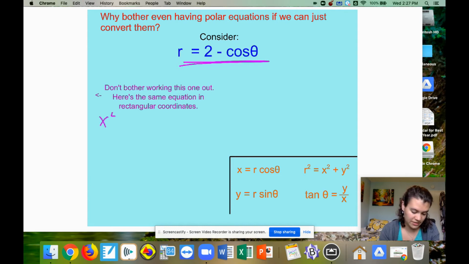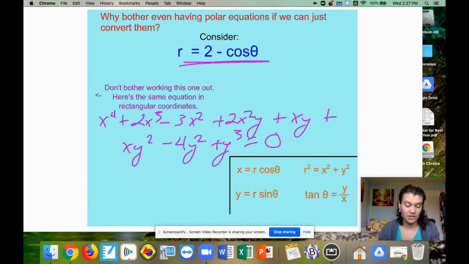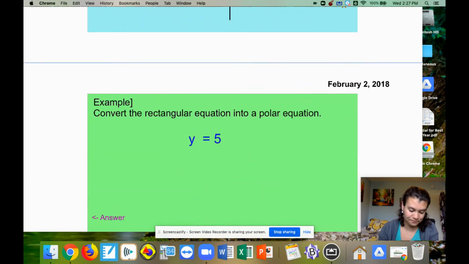So you'd get x to the 4th plus 2x cubed minus 3x squared plus 2x squared y plus xy plus x y squared minus 4y squared plus y cubed, I believe, equals 0. So super long, super complicated, not worth doing. So some equations are much easier in polar coordinates, which is why we use them.